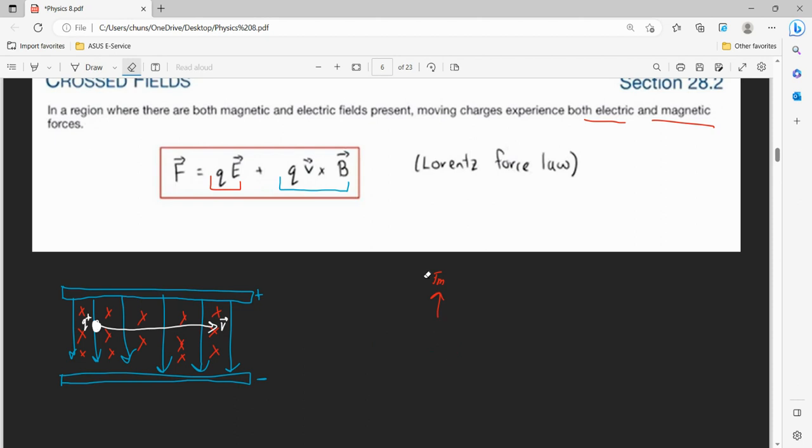So I'm going to just draw a free body diagram of our particle. And if we want to keep this undeflected, that means the influence of our electric force is pointing downwards. So in this case, since we're pointing in opposite directions, if we were to write the net force in this system, this would be our magnetic force.